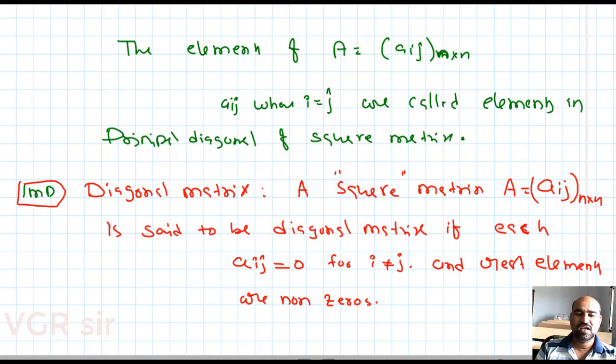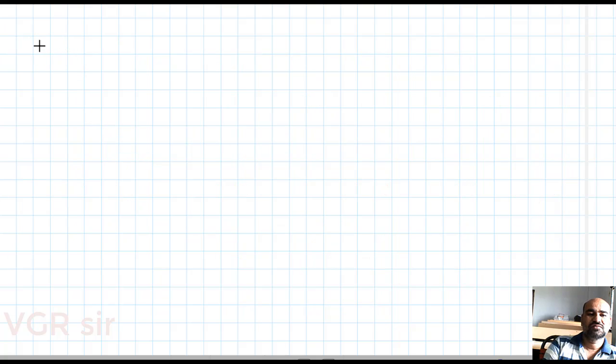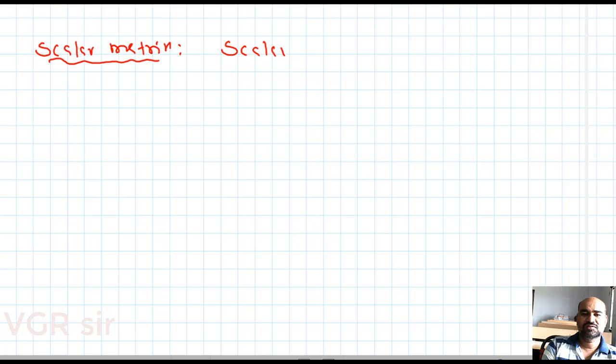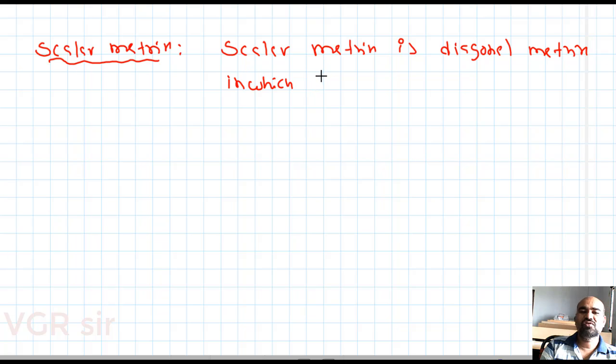Next, scalar matrix. A scalar matrix is a diagonal matrix in which the principal diagonal elements are all equal to a constant number, that is, Aij equals some constant k for i equal to j.